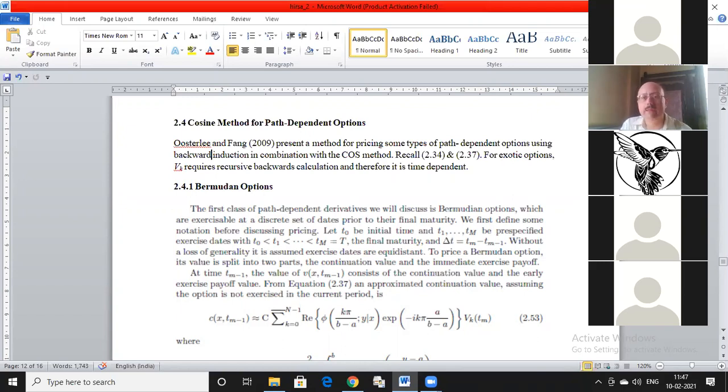I don't remember whether I have mentioned the name of the method, but this is backward induction. When I have a dynamic decision-making problem, where in the lifetime of the problem there are multiple decision nodes, the method that we usually employ to solve it is called backward induction.